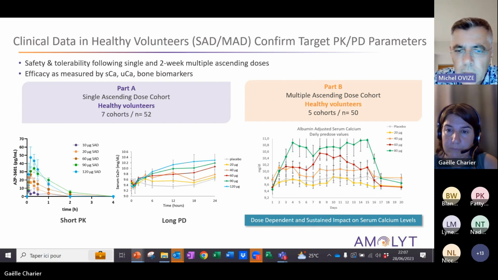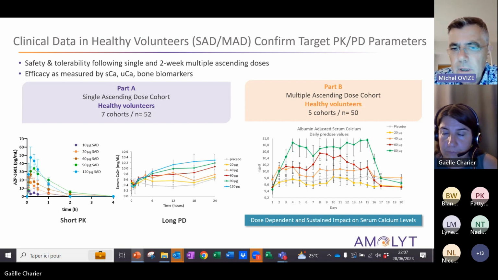If you start at 1 on the left, you see that at 3 days after the initial administration, you reach sort of a plateau of effect on serum calcium that lasts up to the point when you stop the treatment at day 14, and then it goes down back to near baseline value. And this is very important, a very rapid effect, 2 to 3 days to reach the plateau.